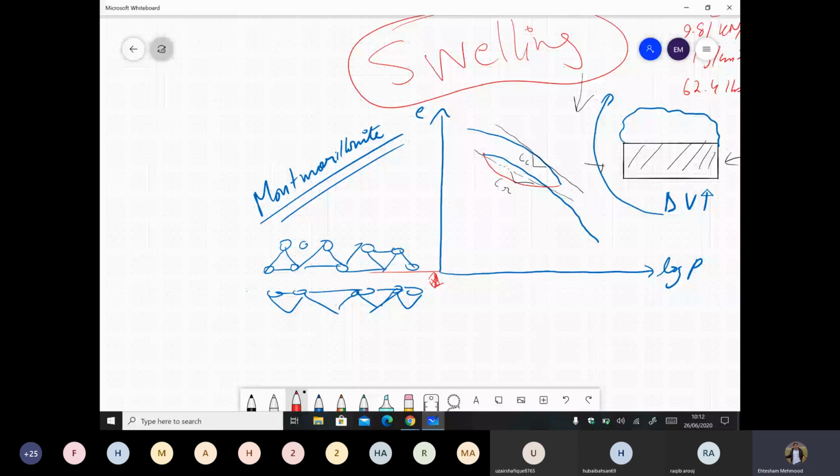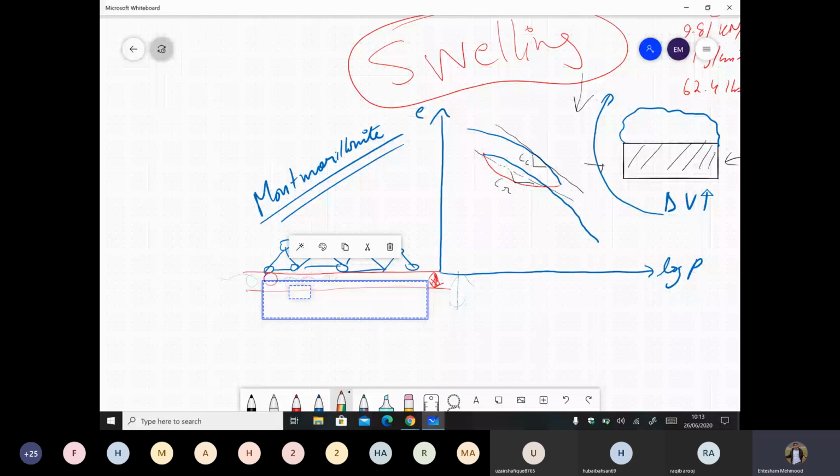What happens when swelling happens is that water molecules come into these gaps and increase the gap. So this increase in gap is due to the water moving in between the layers of montmorillonite.